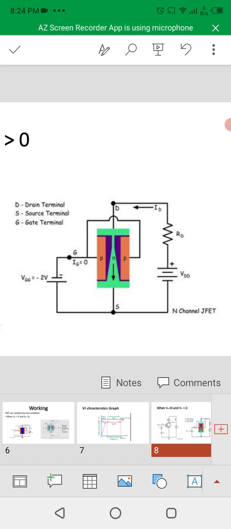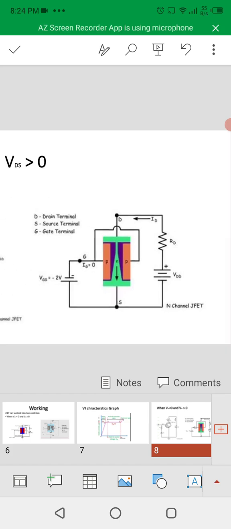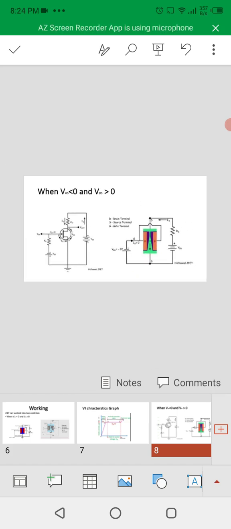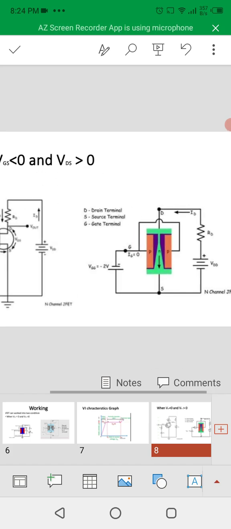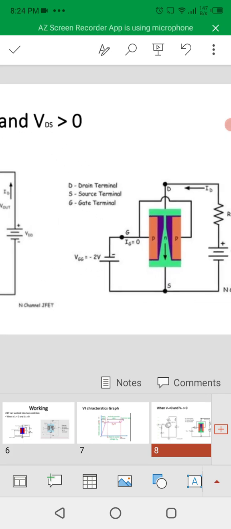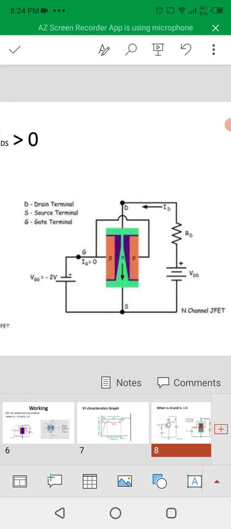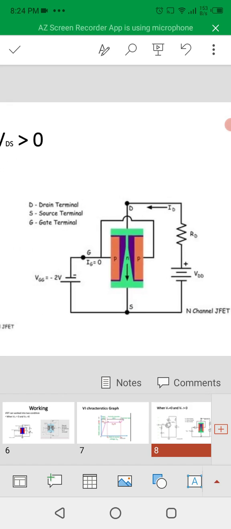We take minus 2, minus 3 and minus 4 volt, and this is a reverse biased circuit. The VDD is positive. The working is the same, and the region becomes narrow.